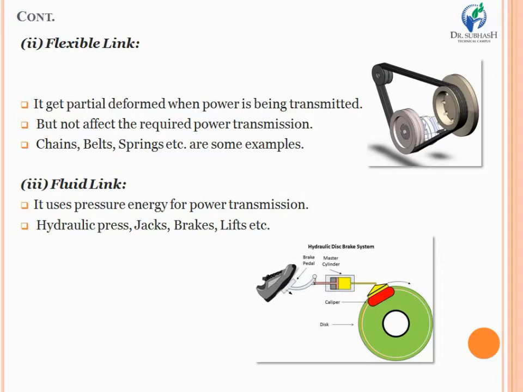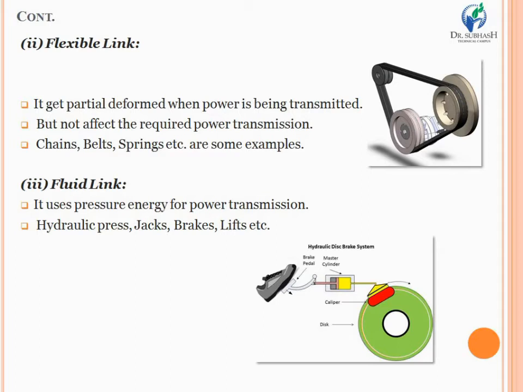So there is a little bit of deformation lengthwise, and this link is subjected to elongation and contraction. So generally if you find such links which deform a little bit while transmitting motion and power, of course that will be none other than a flexible link.